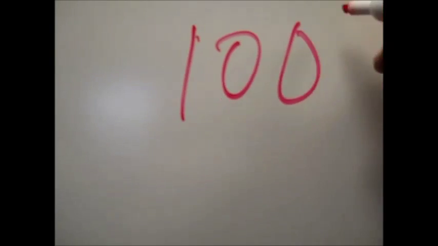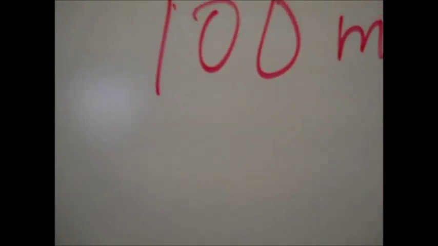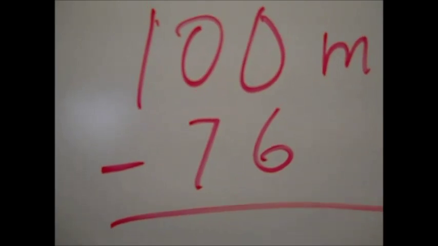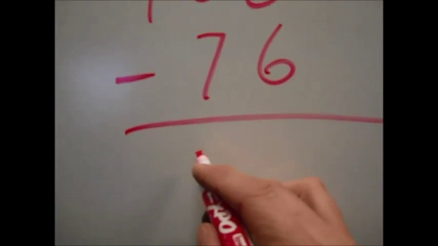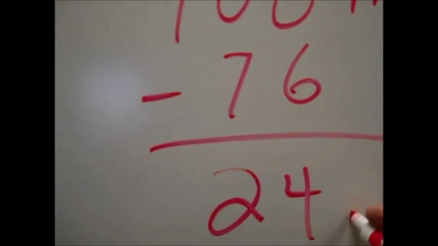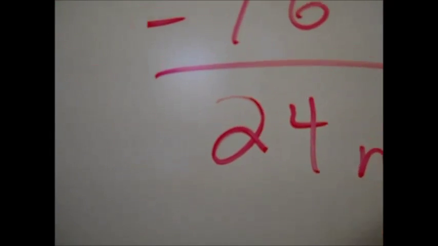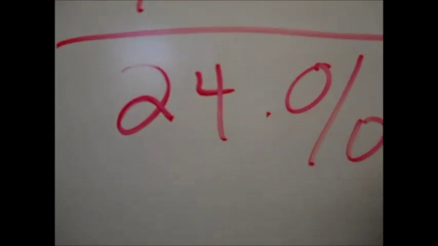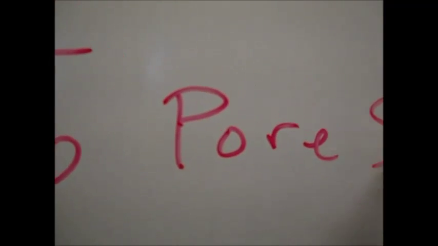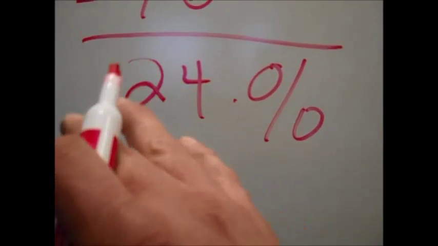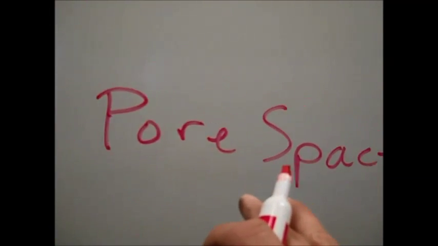To be exactly precise, I started with 100 mils of water. I had 76 mils left. I am left with 24 milliliters, which would be 24% pore space. It took 24 mils of water to fill that pore space, so 24% pore space.